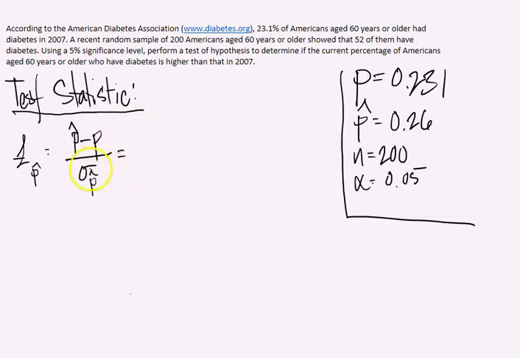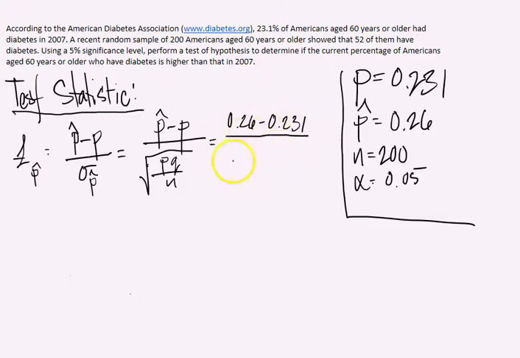When we don't have the population standard deviation, that's when we're doing a t-test. So here we can simplify this even further to the square root of pq over n. So we have 0.26 minus 0.231 over the square root of 0.231 times its complement, 0.769, over my n, 200.